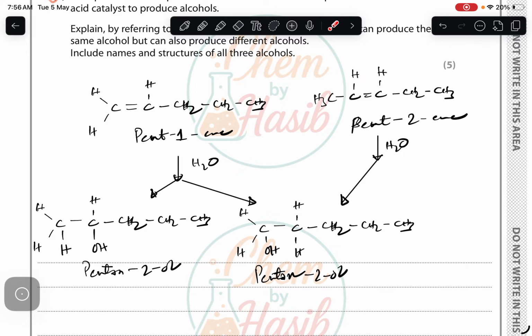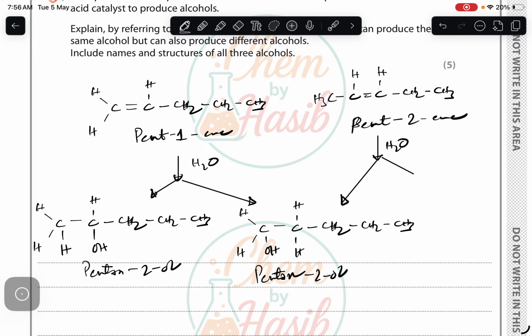If the hydrogen binds to the third carbon and the OH binds to the second carbon, this would form pentan-2-ol.